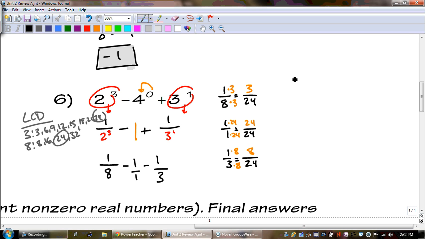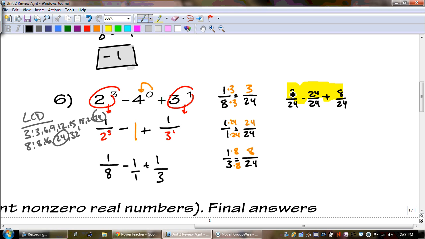And as I rewrite this now, we have 3 over 24 minus 24 over 24. Sorry, that should have been a plus 8 over 24. Okay, we have to keep track of everything. And now we're just going to go from left to right and do all those operations.